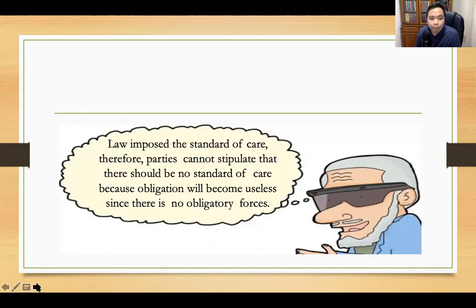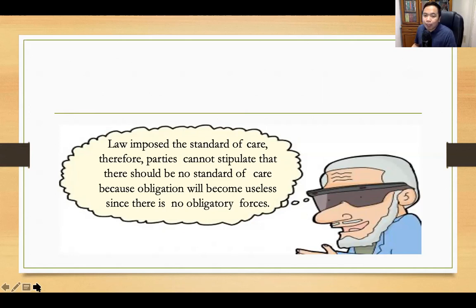Law imposes the standard of care, therefore parties cannot stipulate that there should be no standard of care because the obligation will become useless since there is no obligatory force. So class, the parties can only stipulate to a higher standard of care, because the default care is the diligence of a good father of a family.